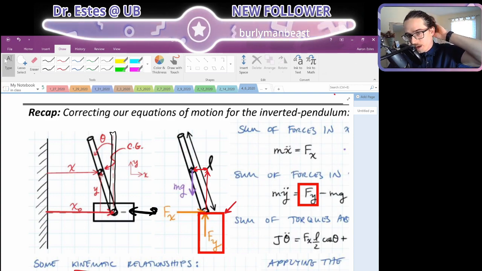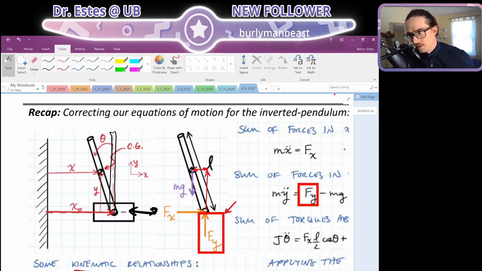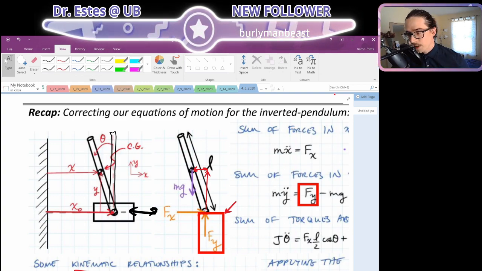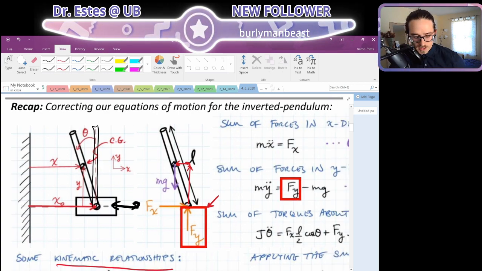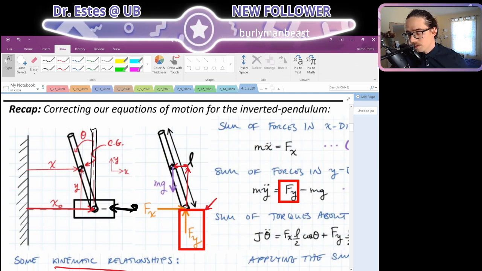The only way to model this that I can think of is to do it by hand. System identification is a way to get a model for something by just running an experiment. But think about running an experiment to get a model for this system. This system is unstable.